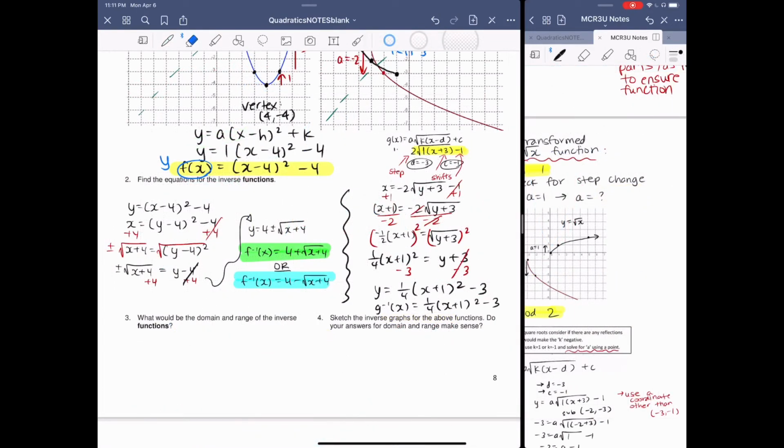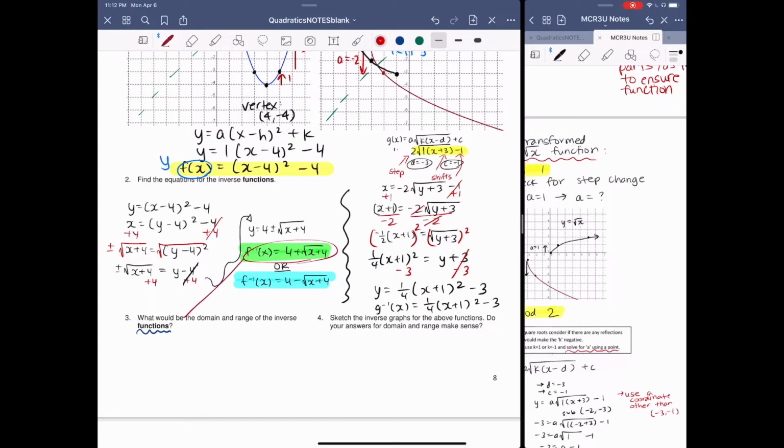Okay, so question 3. What will be the domain and range of the inverse functions? So notice that they use the wording functions. So when given that terminology, there are two inverse functions to this. So you're going to pick either the green or blue inverse function and find the domain and range of it. In this case, I'm going to pick the green one.